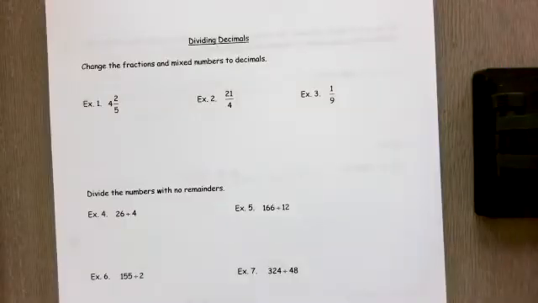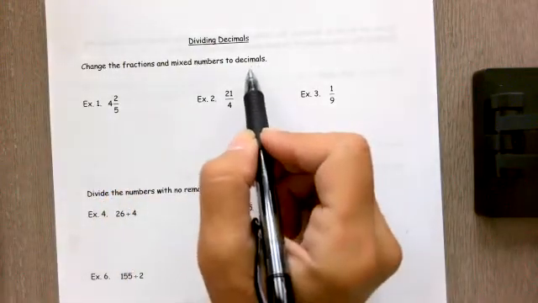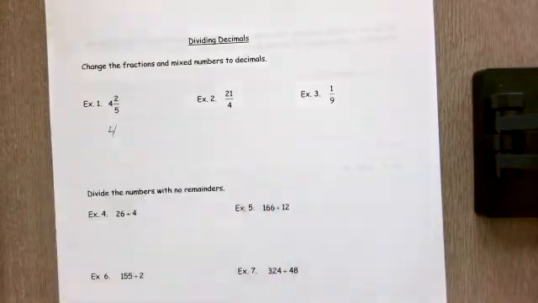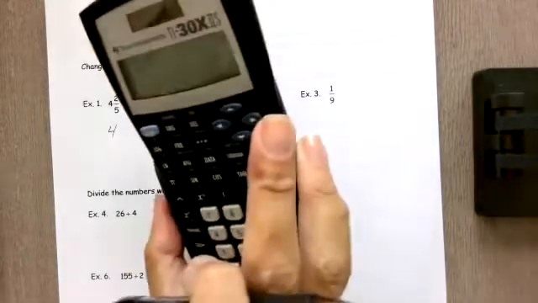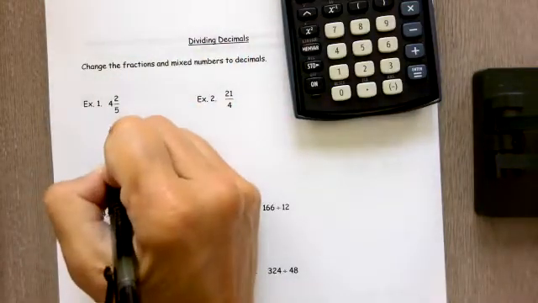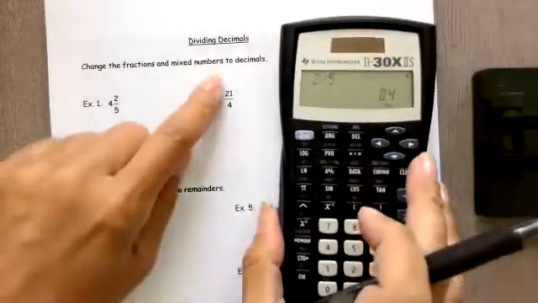So let's still talk about dividing. Whether you're changing fractions to decimals, that's still division. Top divided by bottom. Even if you have a whole, $4, 2 divided by 5, 40 cents, 0.4. Whether I write it like that or this. So 21 is greater than 4.